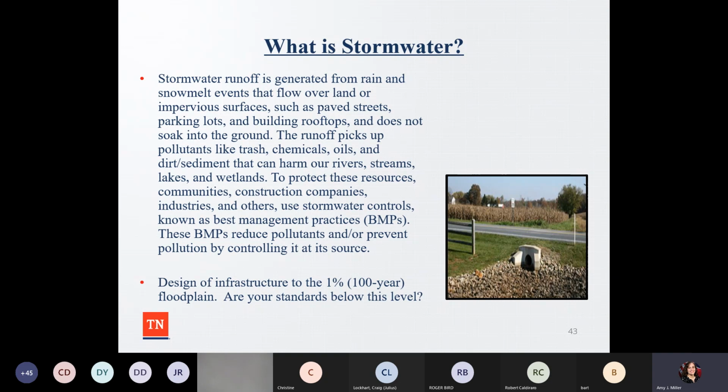And as we continue to grow, as we continue to go from pervious, where water can trickle down to the water table, to impervious, where we just make it asphalt heaven and have more rooftops, more roads, maybe not as much curb and gutter. If we're relying on these stormwater resources and these facilities to take away that water, are they really being designed to reflect what's happening in the community when there's rain events?